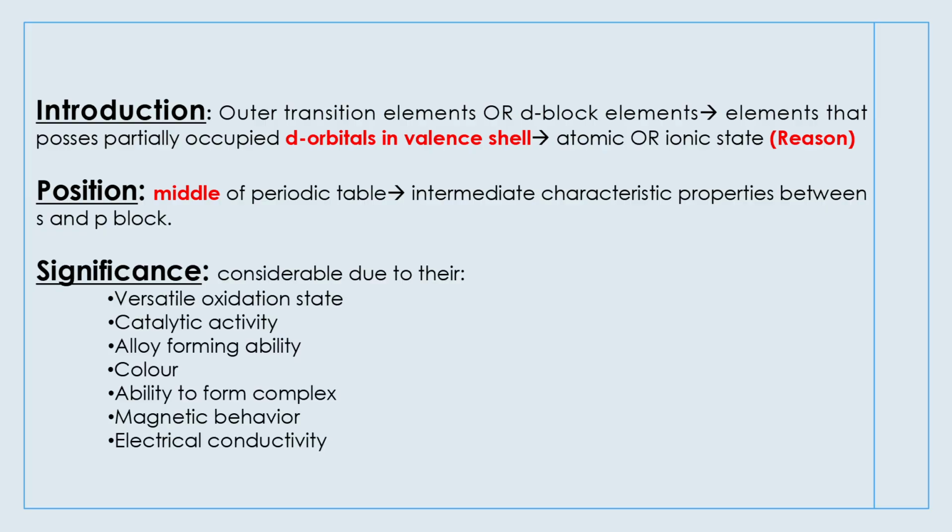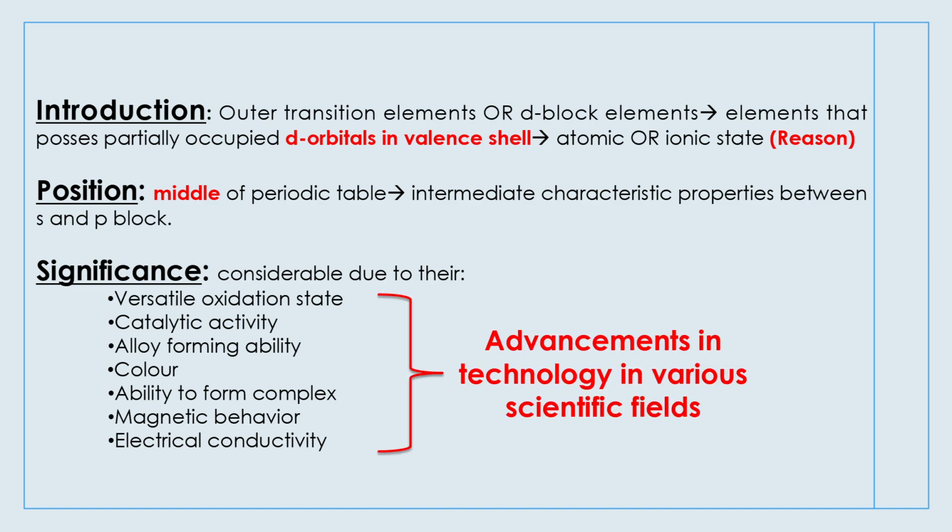And this includes the oxidation state. They show variable oxidation state, their catalytic activity, alloy forming ability, color complexes formation, magnetic behavior, and electrical conductivity. This significance leads to the advancement in technology in the various scientific fields.